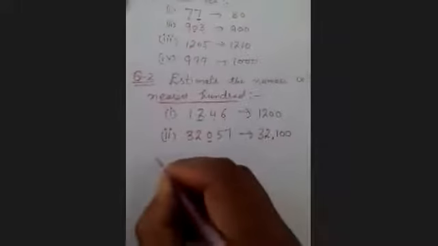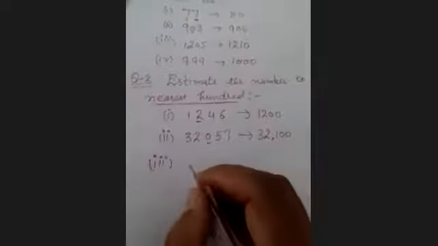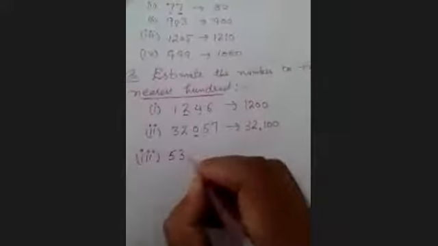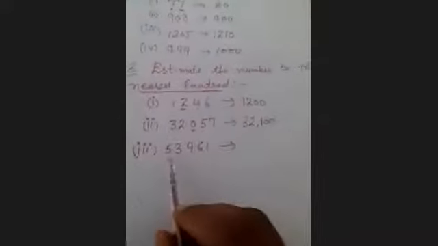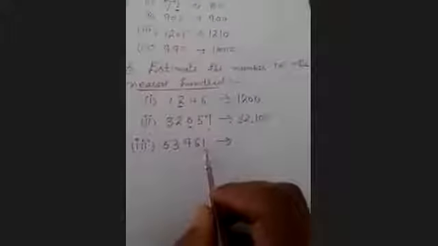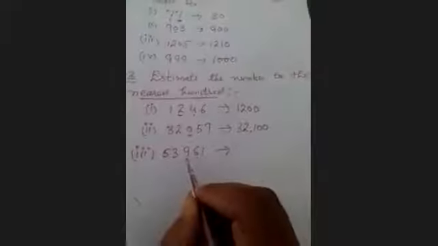Next is the third part. Our number is 53,961. Yes, students, ones, tens, hundred.